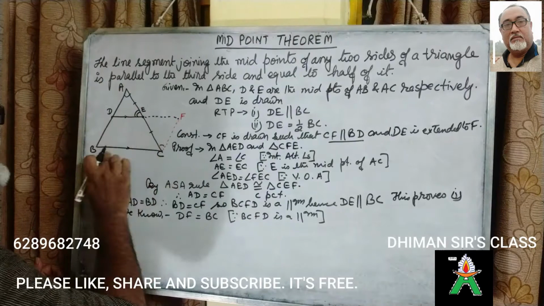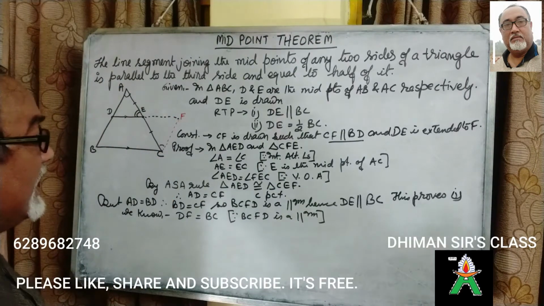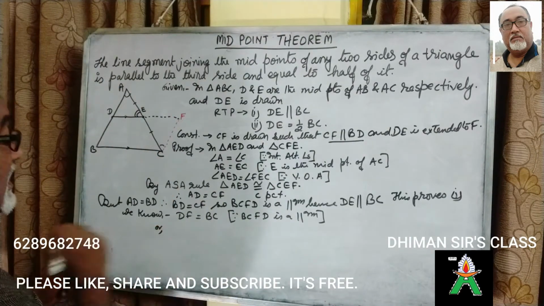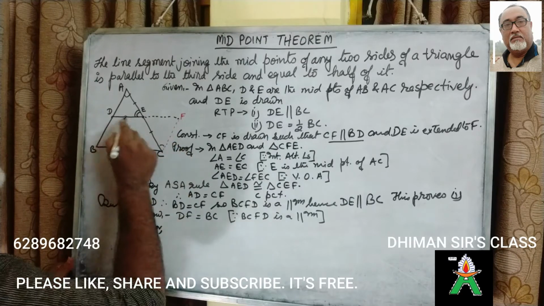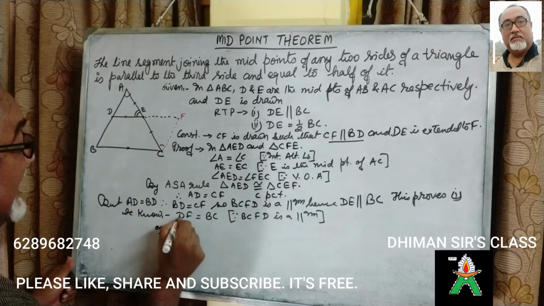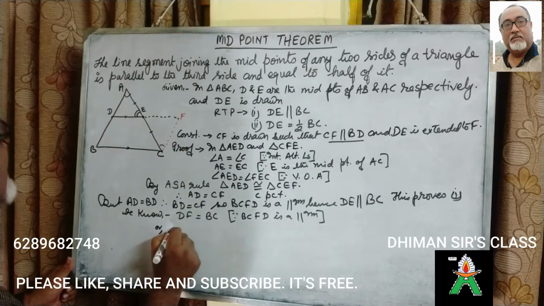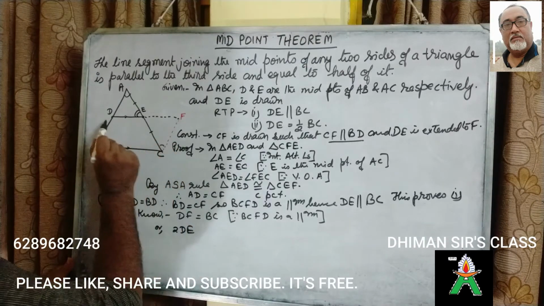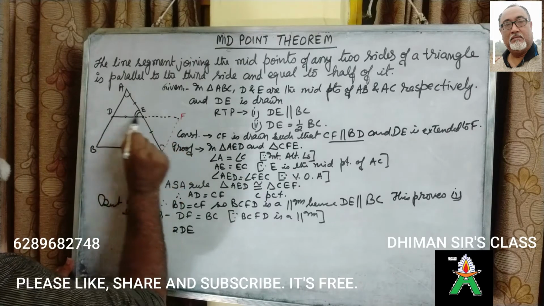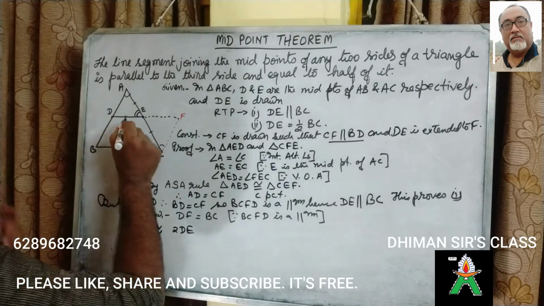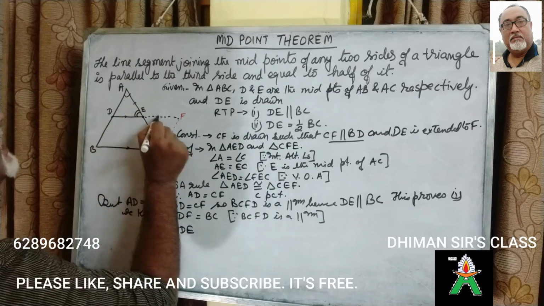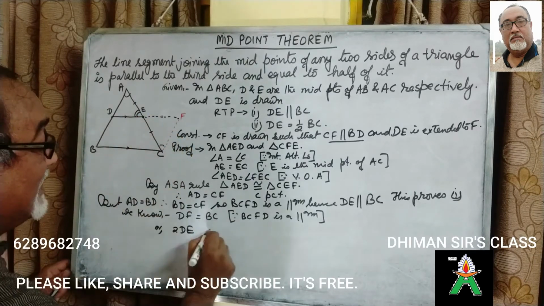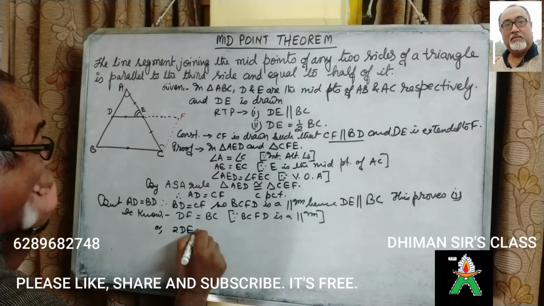So DF is equal to BC. Or DF. So here in place of DF we can write 2DE. In place of DF we can say 2DE. Why? Because DE is equal to EF. 2DE is equal to BC.